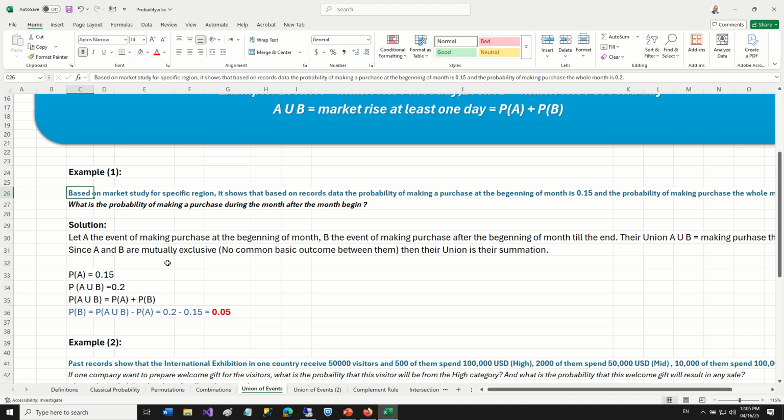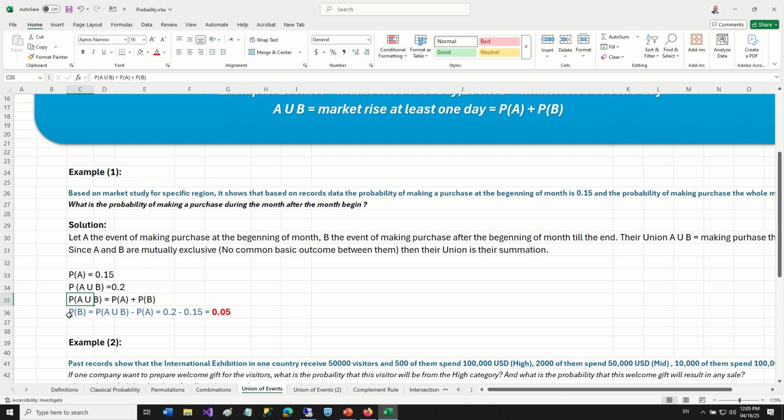Since A and B are mutually exclusive, with no basic outcomes between them, their union is simply the total of them, or their summation. So the probability of A based on the example is 0.15. The probability of A union B is 0.2.